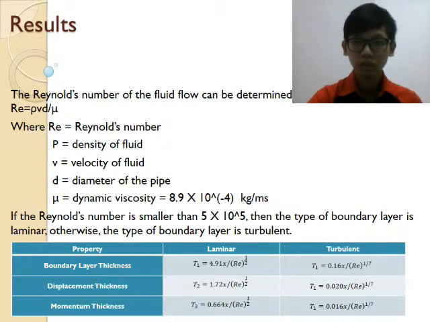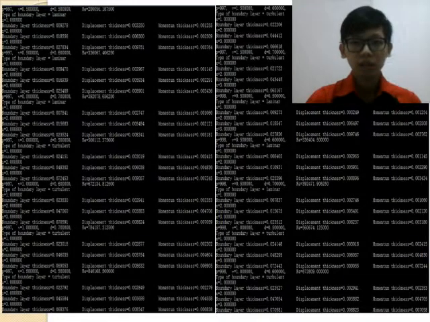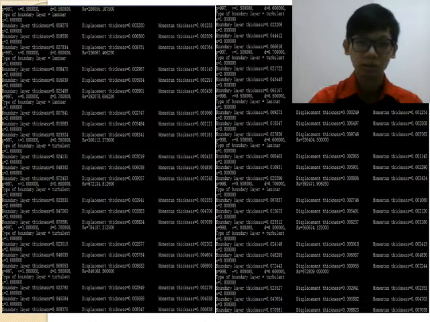So next, these are the results shown in the C program. As you can see from the figure, it involves a lot of results because we vary a lot of conditions and parameters.